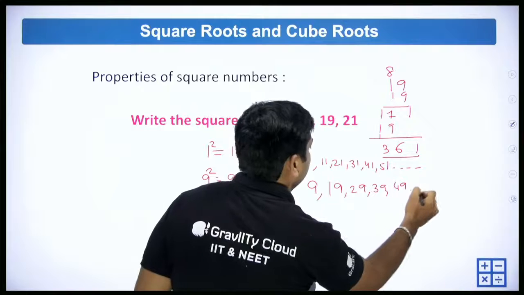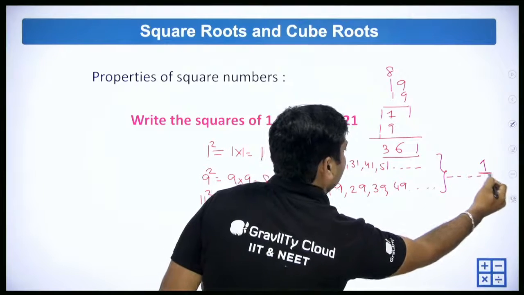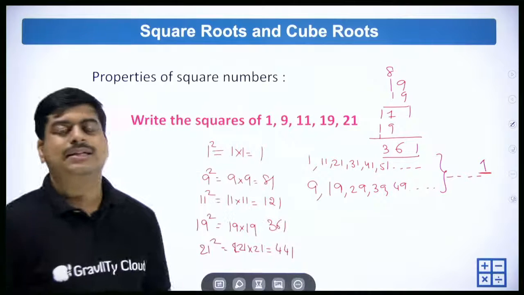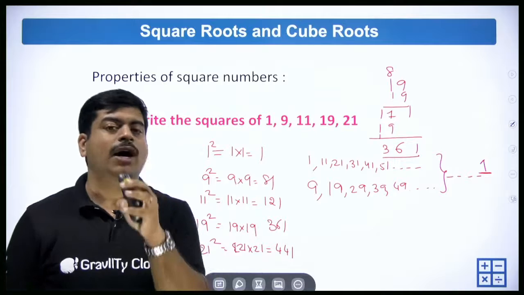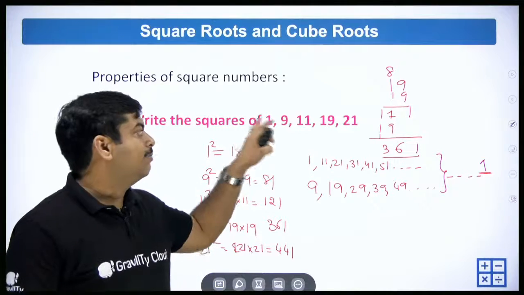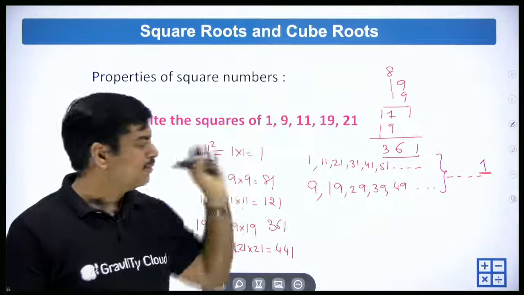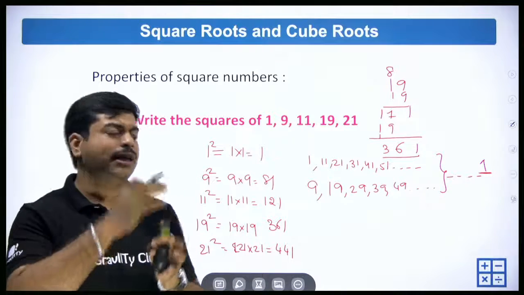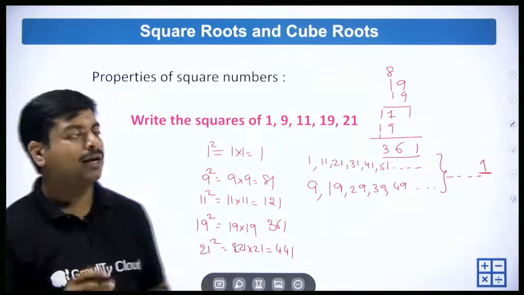So all these number squares will also end with units digit 1. Whenever you see a perfect square ending with 1, you can directly say the number will have 1 or 9 in the units place. It's very straightforward, no need to learn anything. It's basic mathematics you can understand with examples. Correct? A very beautiful approach.